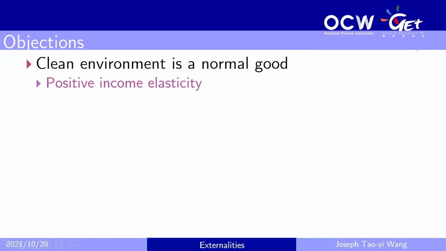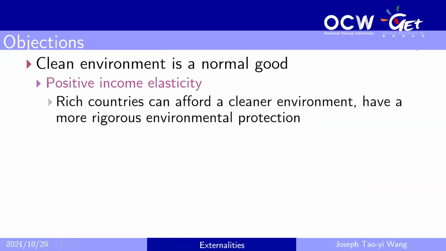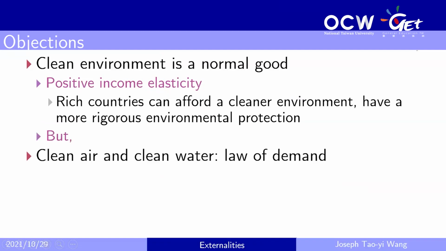If you think of a normal good that has positive income elasticity, rich countries can afford a cleaner environment and have more rigorous environmental standards and regulations. And so developing countries have to pollute their environment. But if you think of it, clean air and clean water still obey the law of demand.